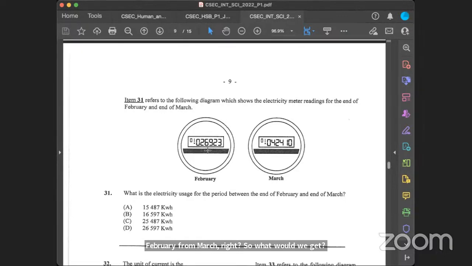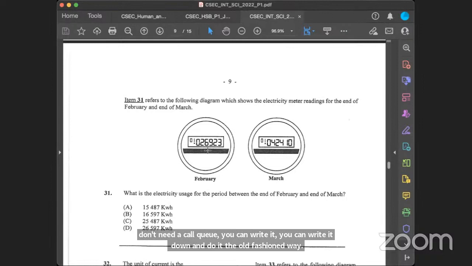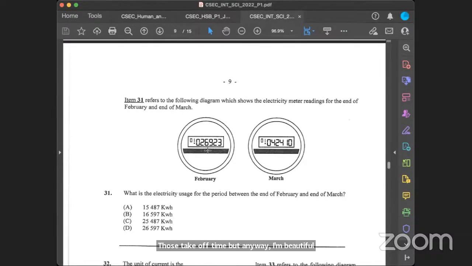You don't need a calculator. You can write it down and do it the old-fashioned way. Those take up time, but anyway. 15,487. So the answer is what? A.